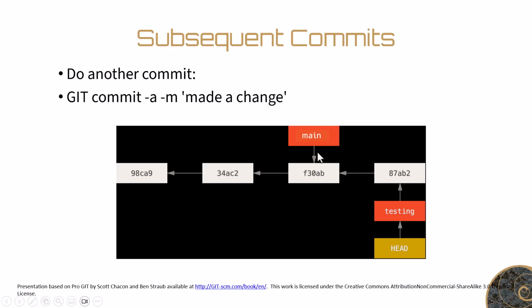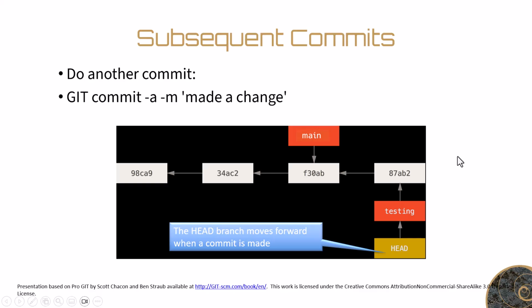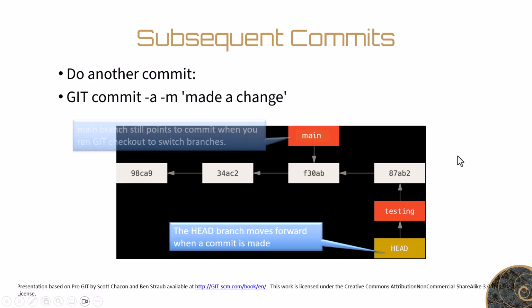Our subsequent commits are now going to diverge from what we have there. Notice that the HEAD branch moves when we do a commit. The main branch and any other branches stay put. Only the one that you're currently working on moves forward.